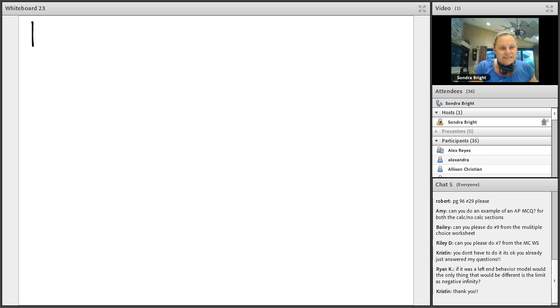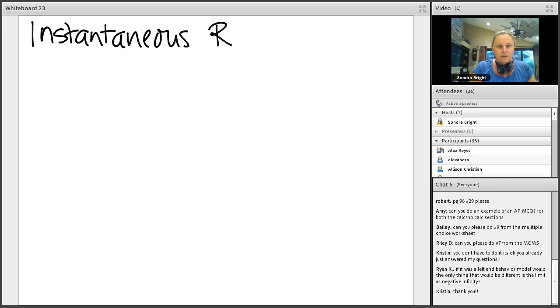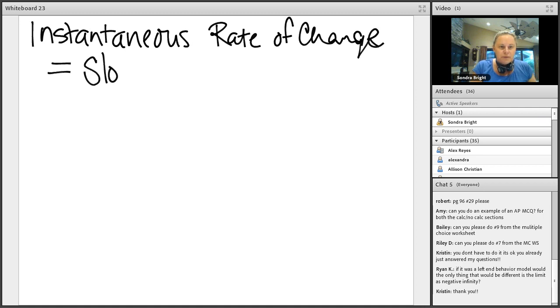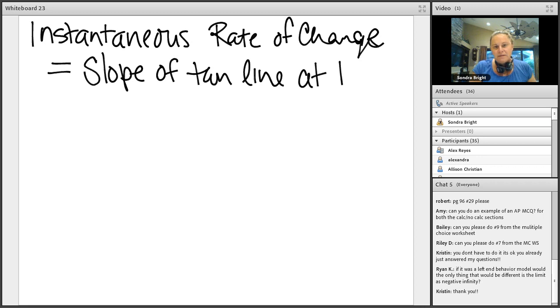So instantaneous rate of change is the slope of the tangent line at that point.